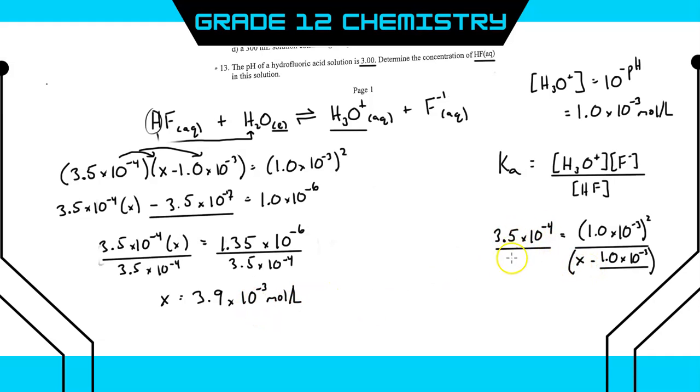So the ratio was not more than 100. And if we haven't forgotten, if you go back and look at our ice chart, x is what we defined as the initial concentration of hydrofluoric acid. So we're done.